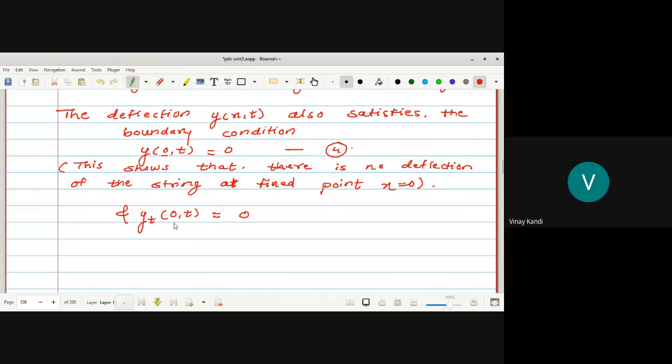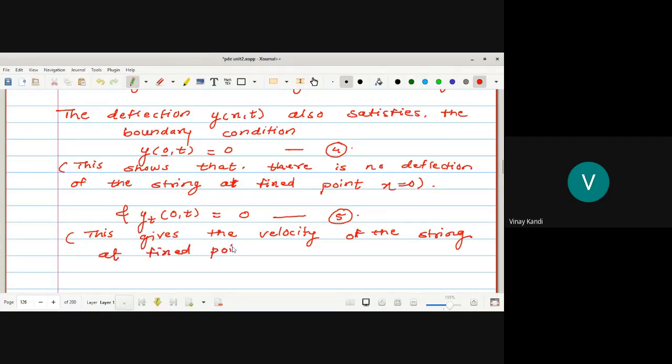At x is equal to 0 the velocity will be 0. There is no deflection here, so when we differentiate with respect to t, what comes? It will be 0 only. Okay, so write down in the bracket again, this shows that this gives the velocity of the string at the fixed point, that is x is equal to 0.